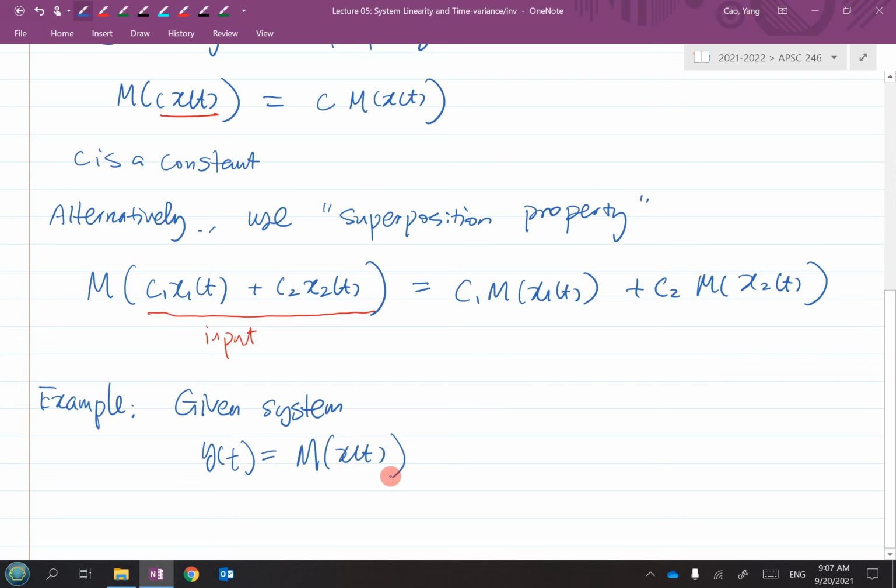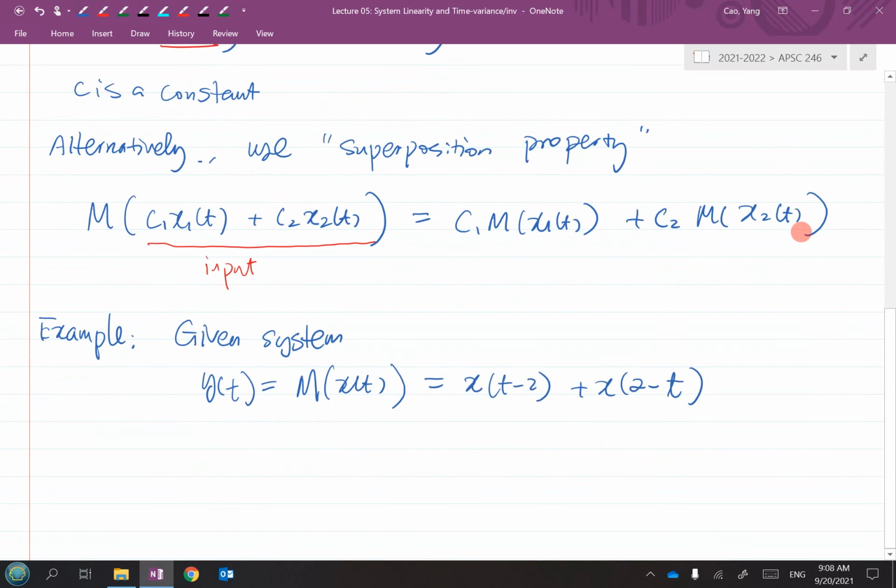You have input x of t, you have output y of t, and this is a system represented by the operator M. The system expression is given as x of t minus 2, and then x of 2 minus t.